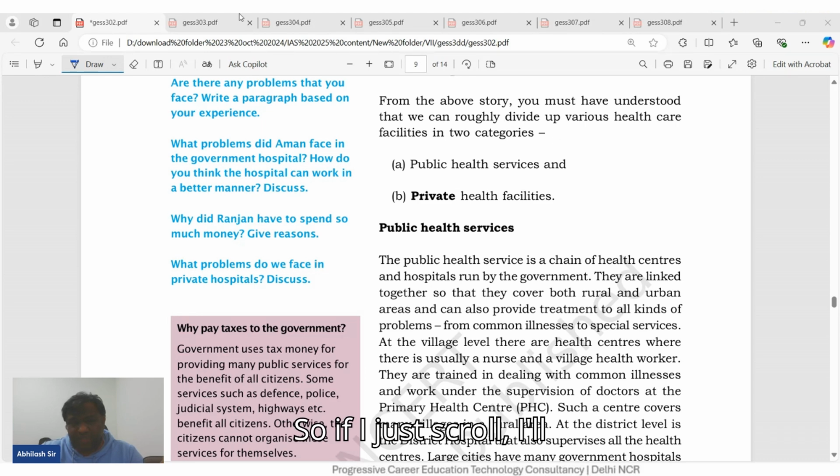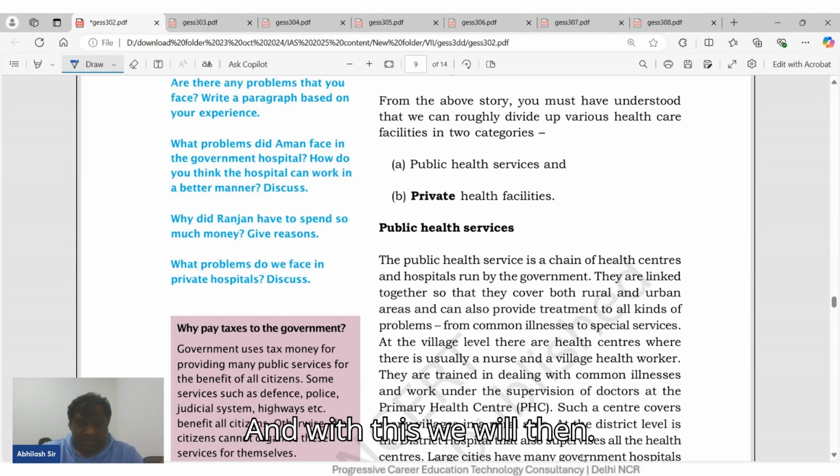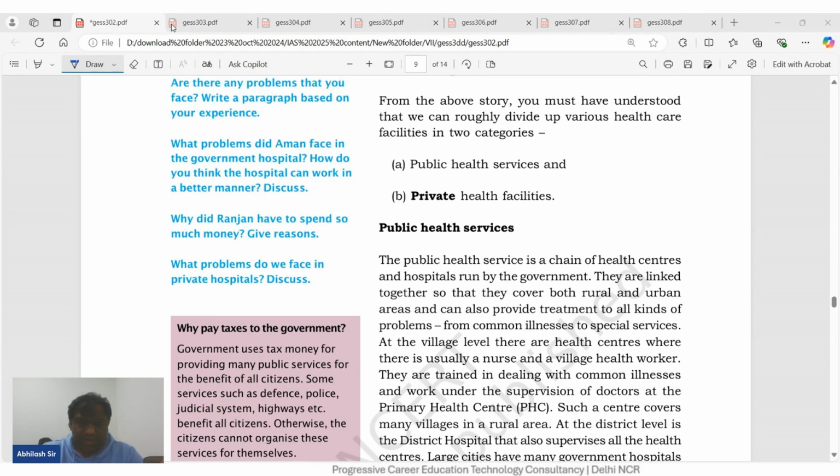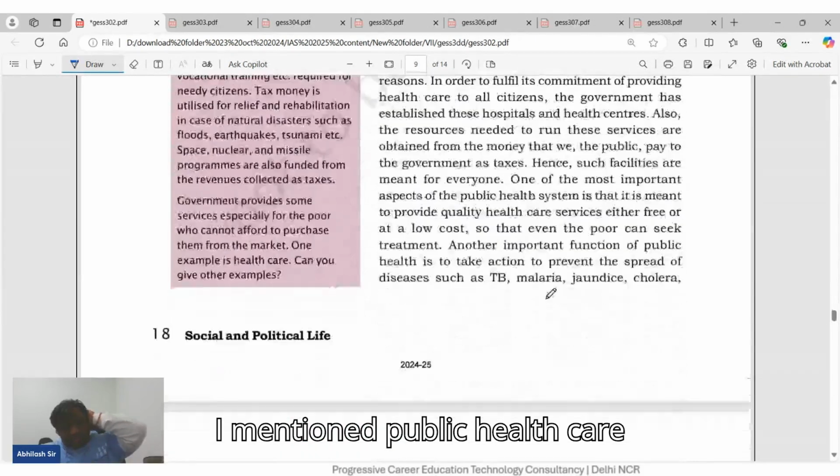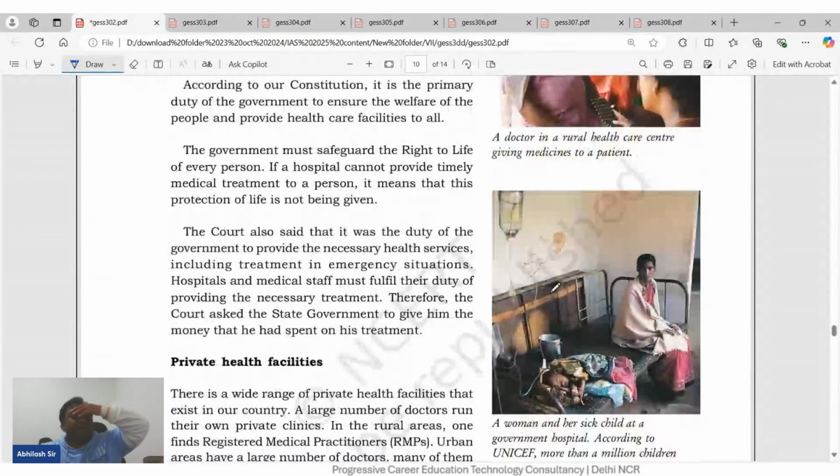So I'll just scroll through the chapter once, and with this we will close. I mentioned public healthcare.